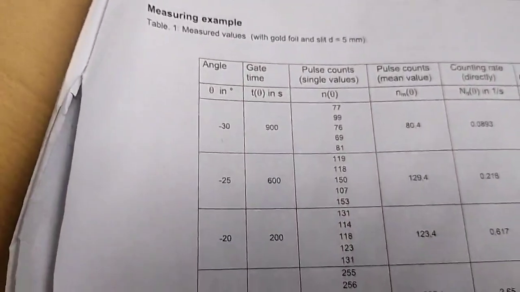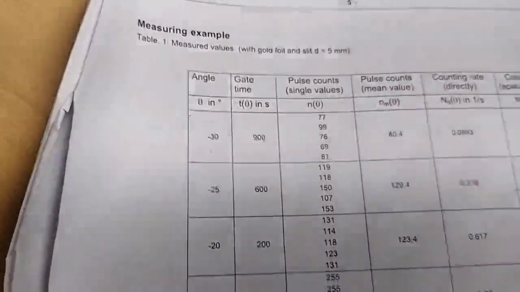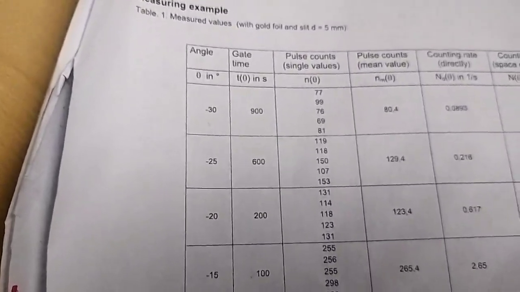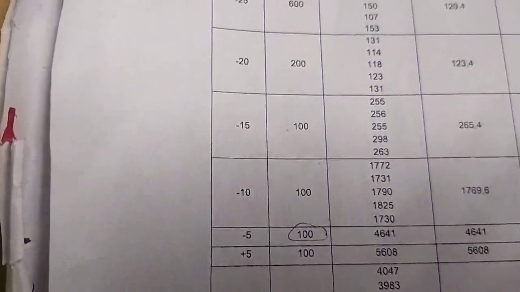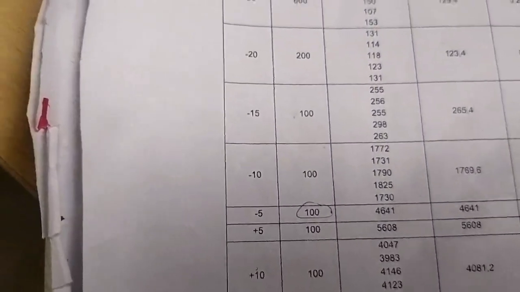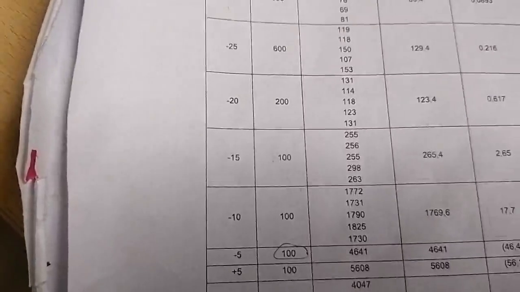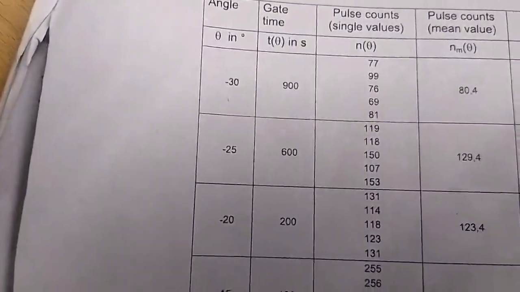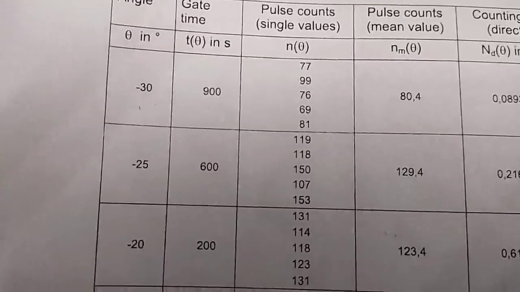Symmetrical measurements help identify any misalignment in the setup. At each angle, you count for a particular time. You set the timing as shown before, and the measurements are repeated several times and averaged. Then you measure the pulse count, take the mean value, and calculate the counting rate as per the table.